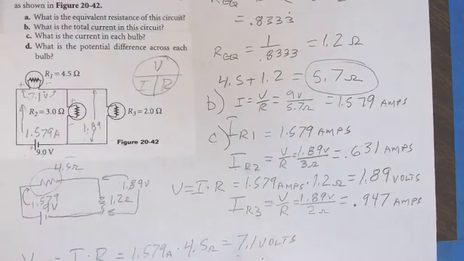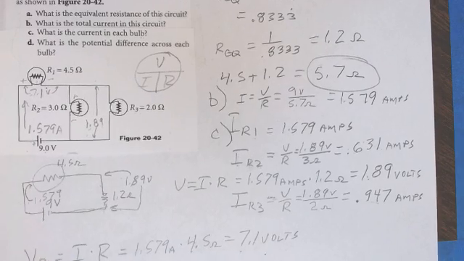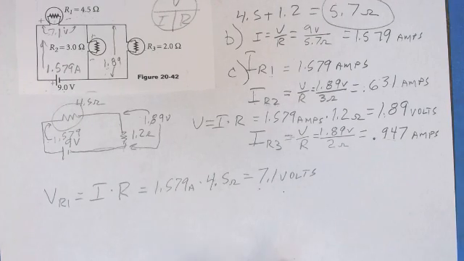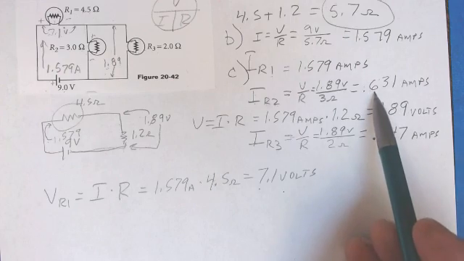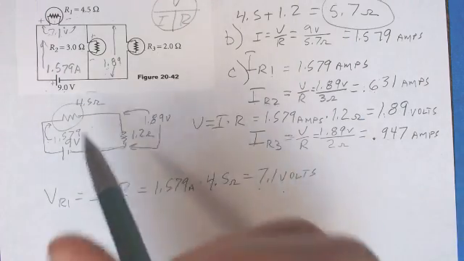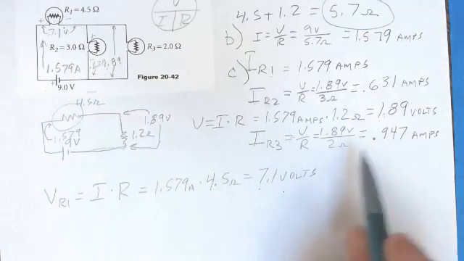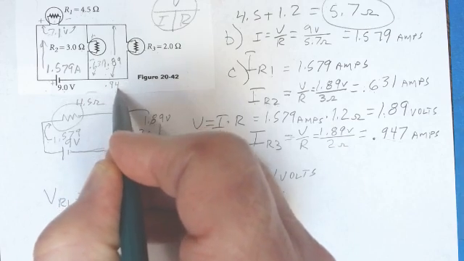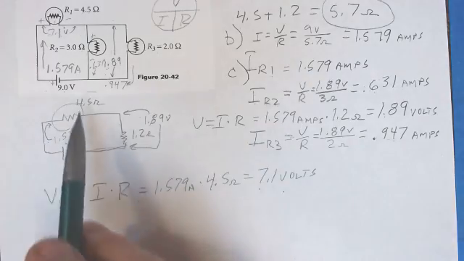And then the other sanity check that we can do is do the currents all add up. So if I look, we have 0.631 in our 2 here. So we got 0.631 coming down this way. We got 0.947 coming around from this bulb.